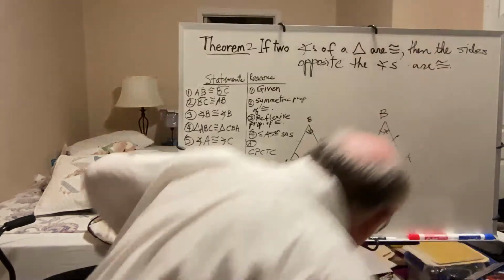Theorem two is if two angles of a triangle are congruent, then the sides opposite the angles are congruent.